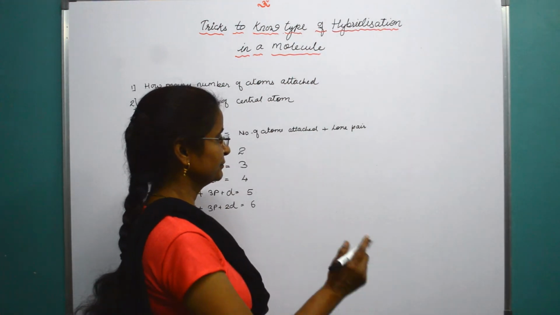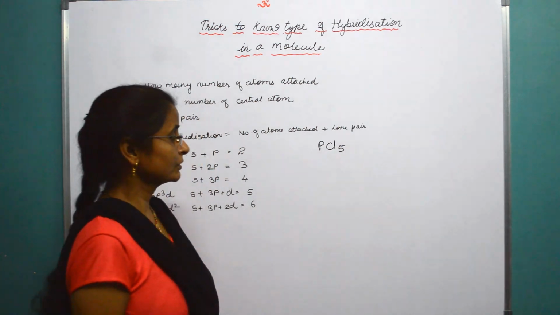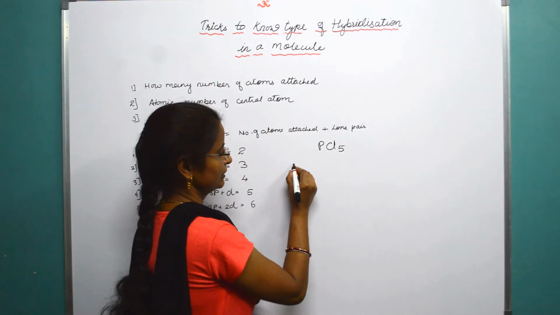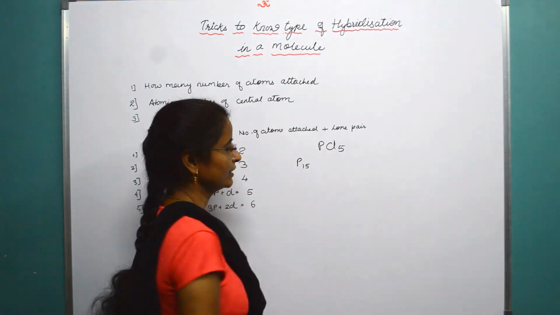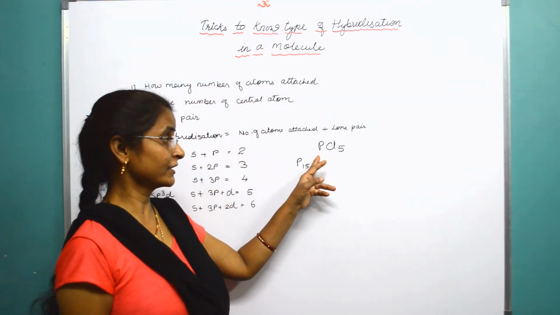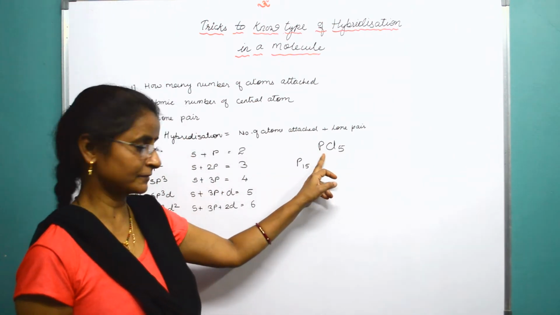Now take one more example, PCl5. First, the atomic number of phosphorus is 15. Phosphorus is the central atom, and a total of 5 atoms are attached to it.